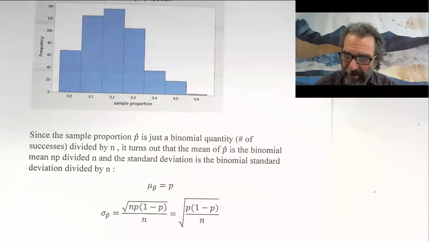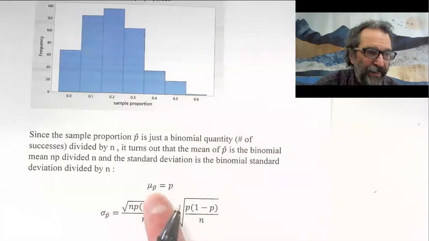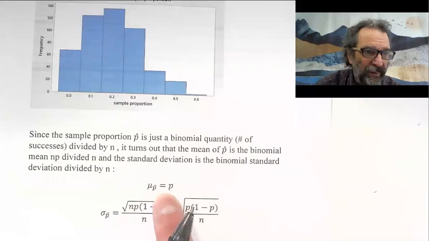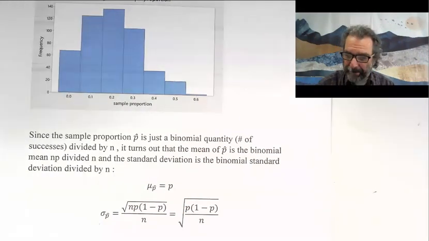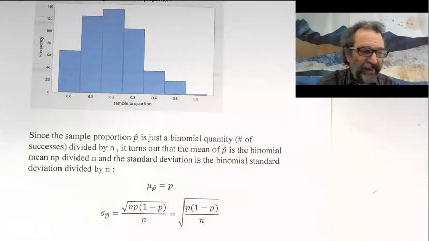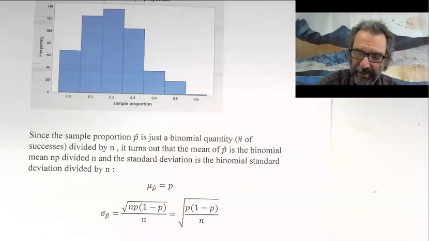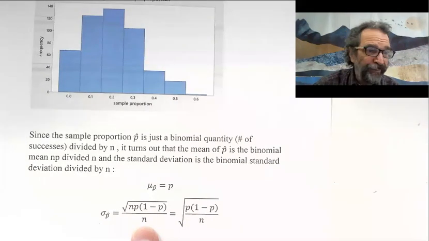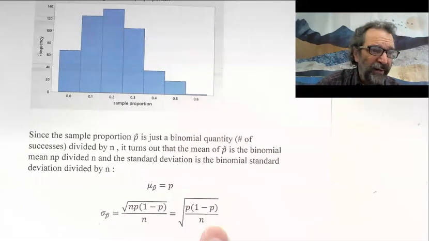So for proportions, the mean for the sample proportion is the population proportion. So that makes sense. And then the standard deviation, which measures the spread. If you divide all the values by n, it divides the spread by n. So the standard deviation gets divided by n. And if you do the math, it looks like this.